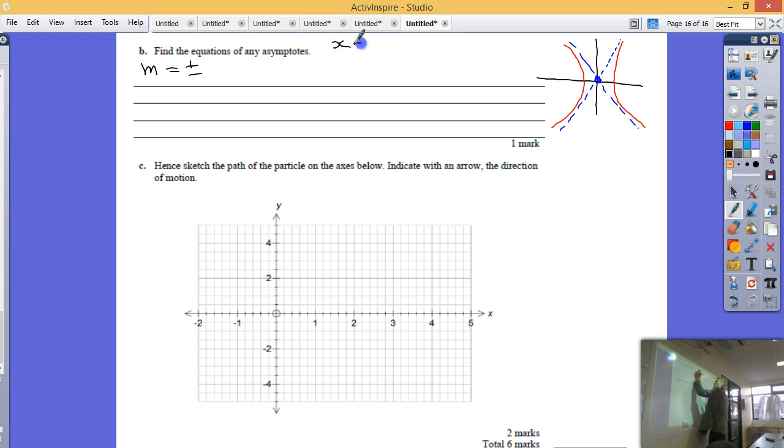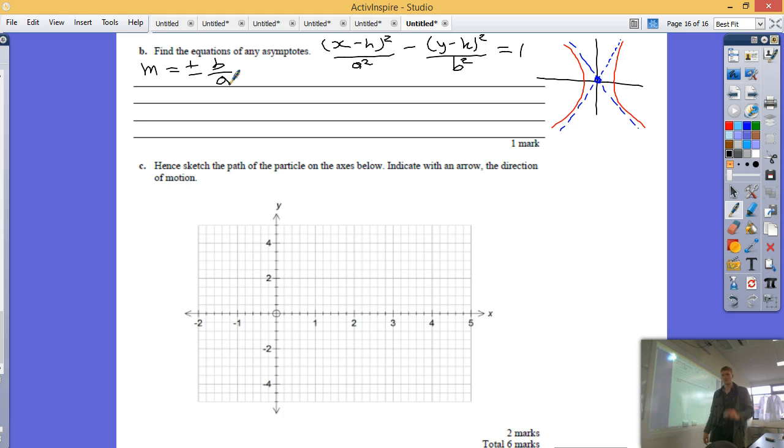That is, if an equation of the hyperbola looks like this, this is the general form, equals 1, then the gradients of the asymptotes are plus or minus b on a, where the denominators are the squares of those values.